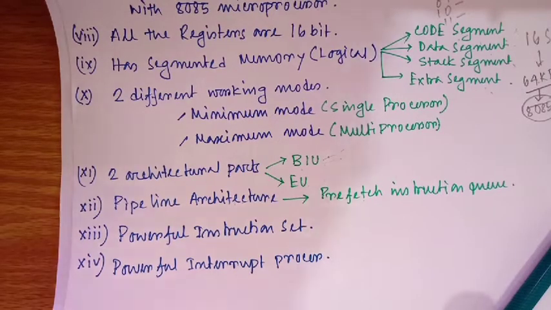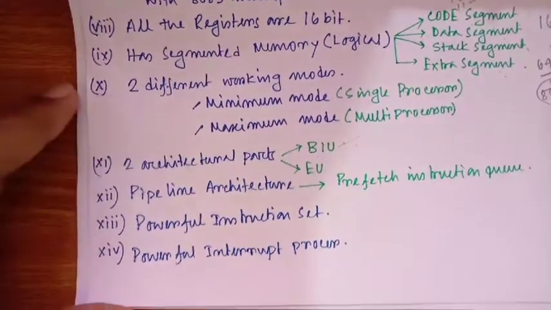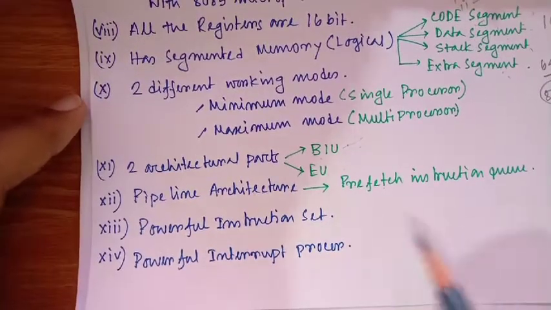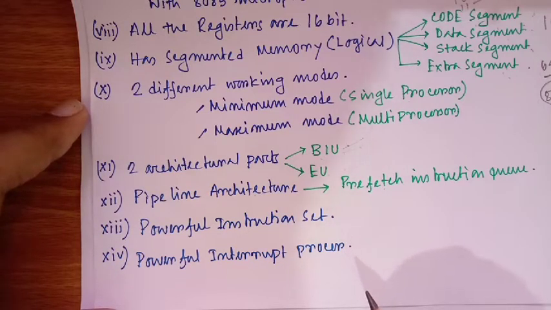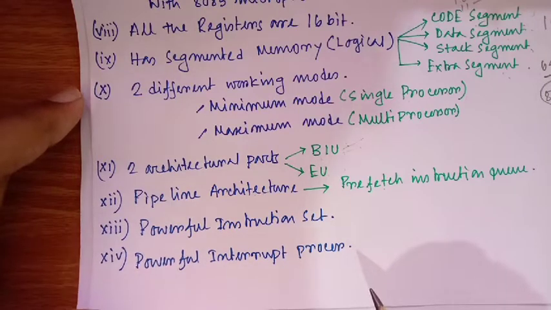And the last point I will mention is that the interrupt process is a little bit more powerful in 8086 than in 8085. And we need to remember, a much better, more intelligent, more powerful processor also has a better interrupt process. Now what is interrupt?